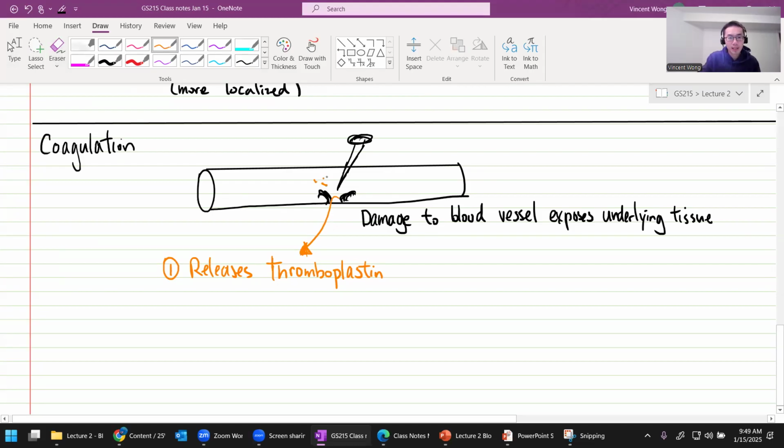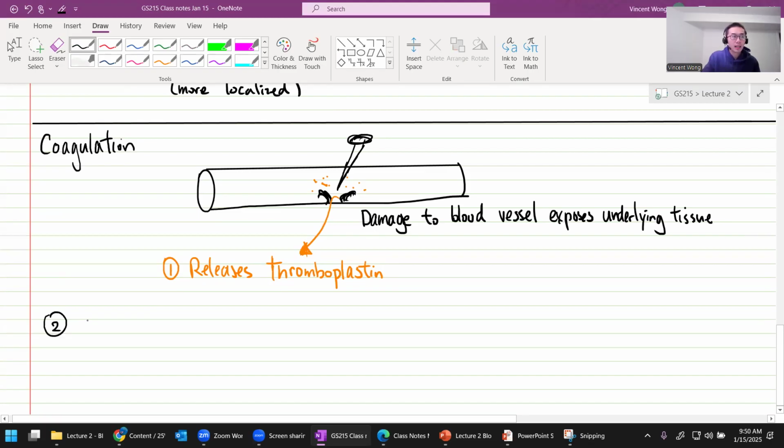So the thromboplastin comes out. Now, earlier today, I told you in your plasma you have various kinds of proteins, and some play a role in coagulation.